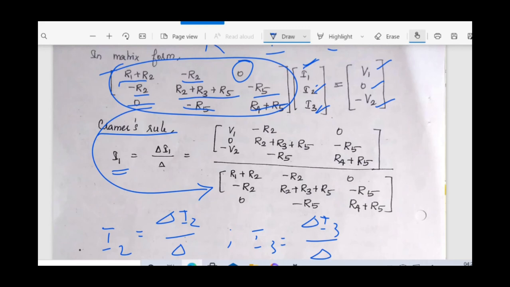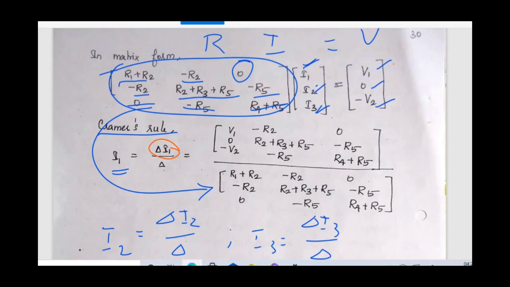Then what is del I? In del I, the ith column is replaced with the voltage source. So while writing the equation for del 2, the second column is replaced by the source.